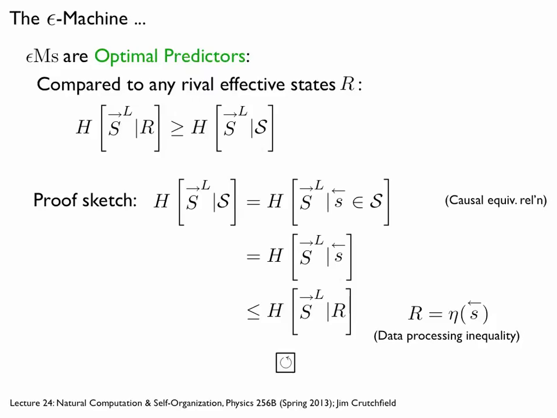So there you have it. Because the rivals are arbitrary functions of the past, they can do no better than remembering the past, but the pasts are well summarized by the causal states. So in fact, they're equivalent to having the pasts. So all the other models must be worse predictors.